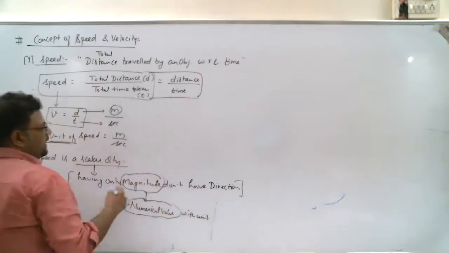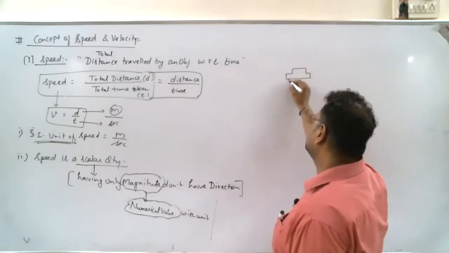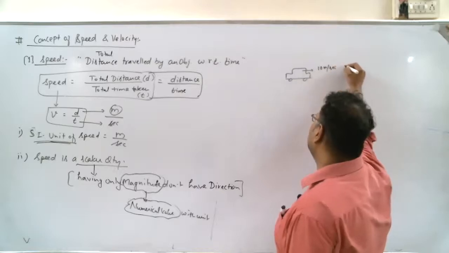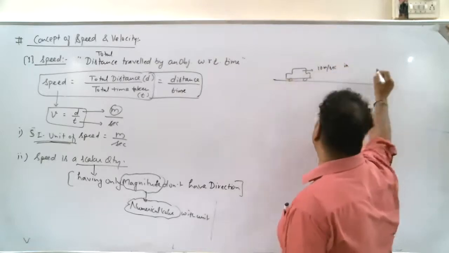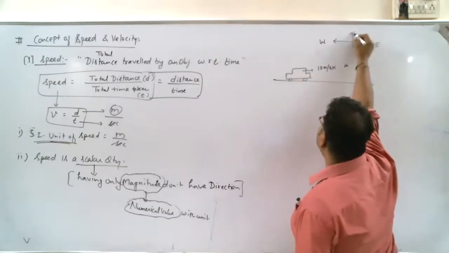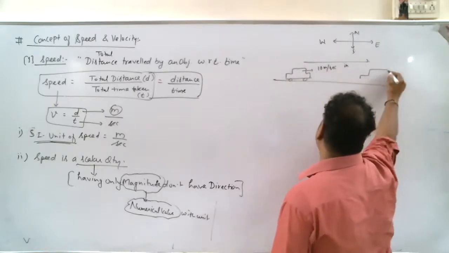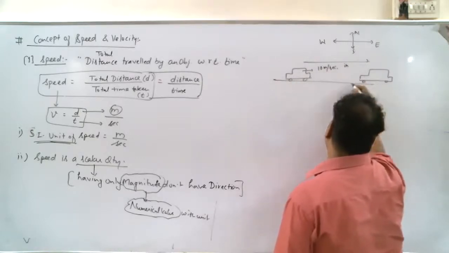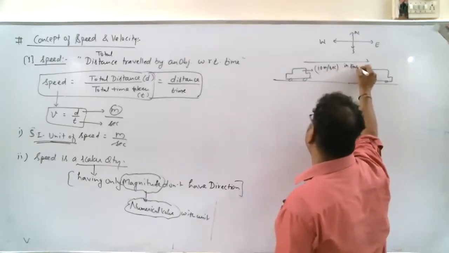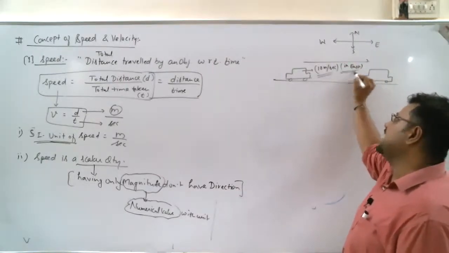For example, if I write the car is moving 10 meter per second. And let's suppose direction wise I have mentioned that this direction is west, this is east, this is north, this is south. And I'm saying that the car is moving in this way. So if you express it, the car is moving with 10 meter per second in east direction, then you are expressing two things, magnitude as well as direction.